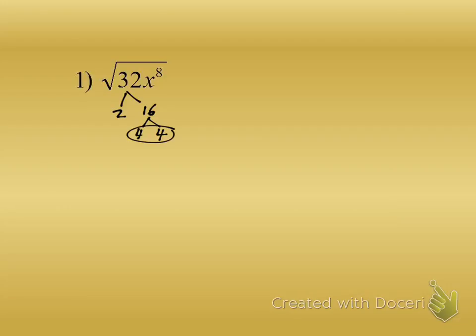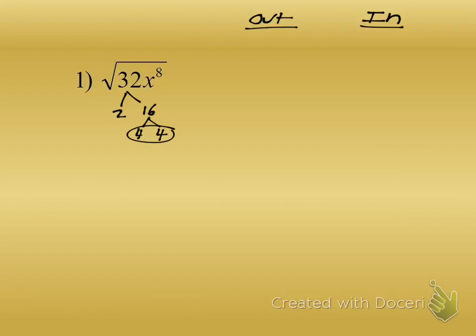Now take these part by part. What I do is make an out column and an in column off to the side: outside the radical, inside the radical. Because these aren't perfect anymore. In 6.4, they were perfect. In 6.5, they're not.